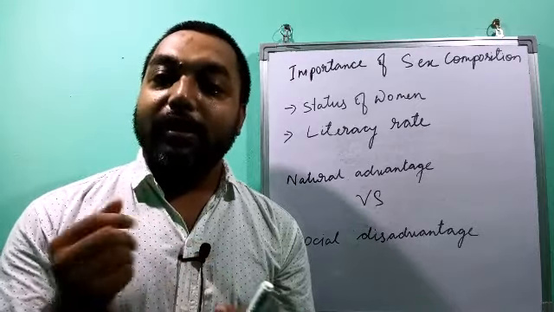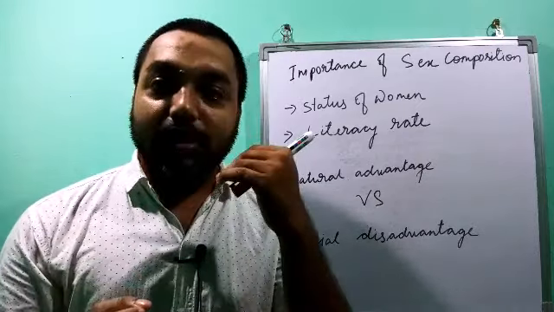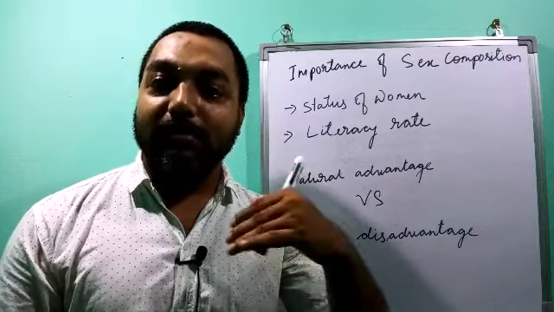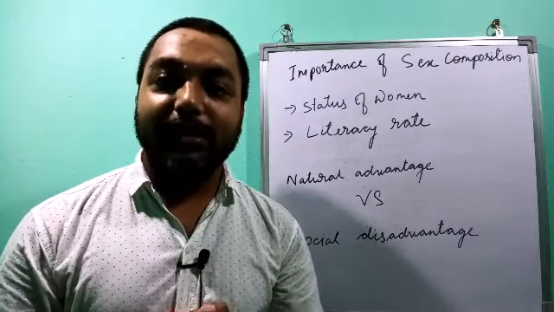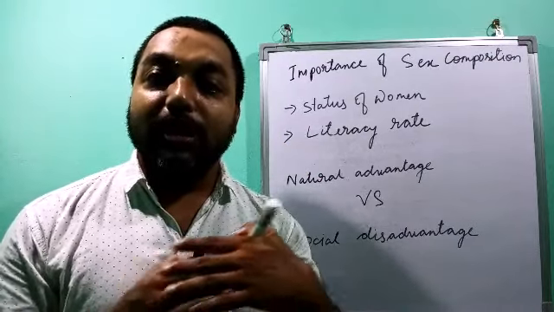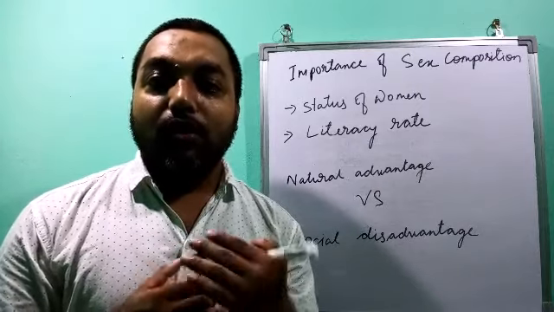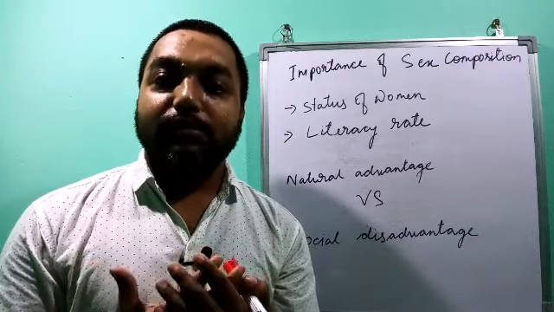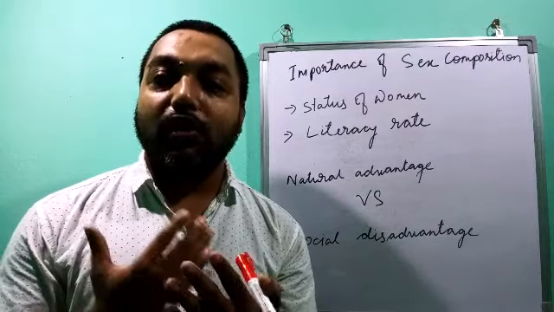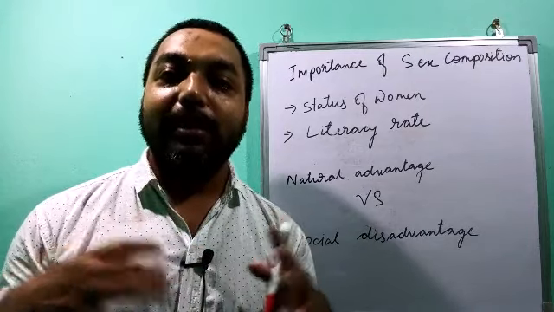Not only that, while giving a girl child to someone else in marriage, a huge amount of dowry is also needed. So this dowry is thought to be something like a burden by many people.